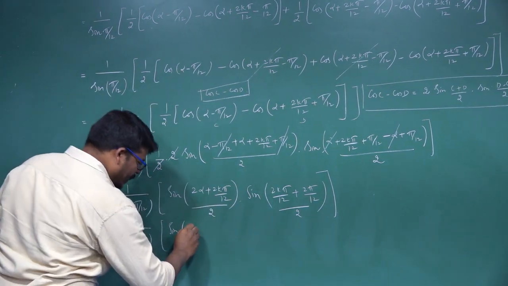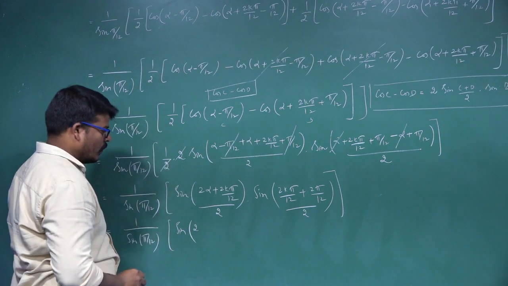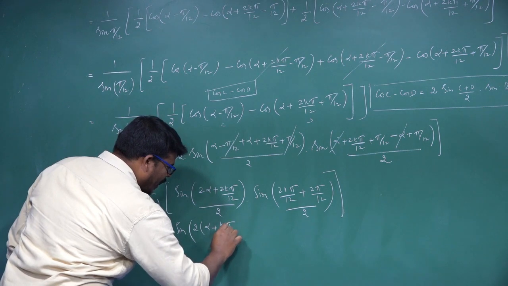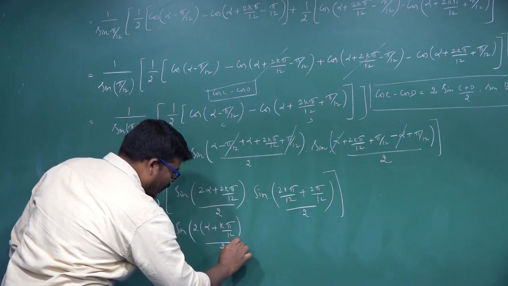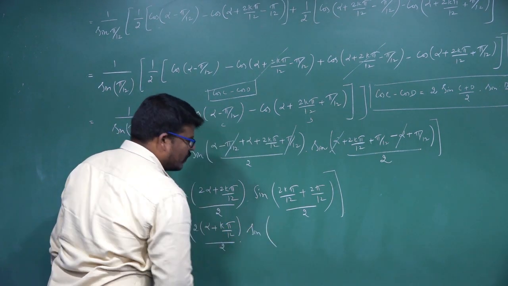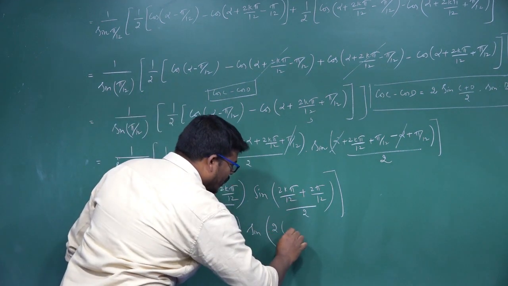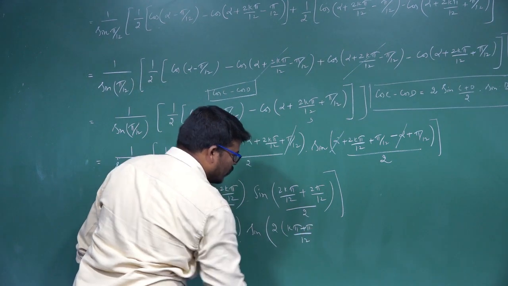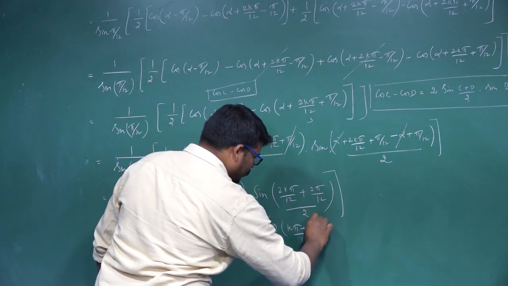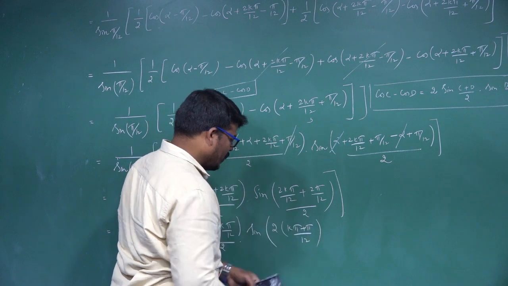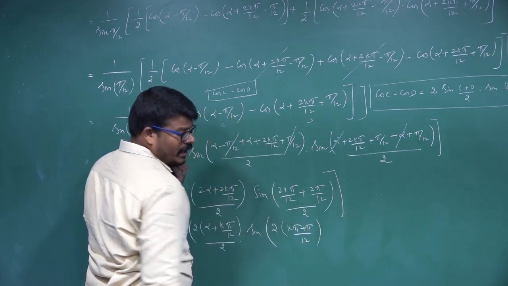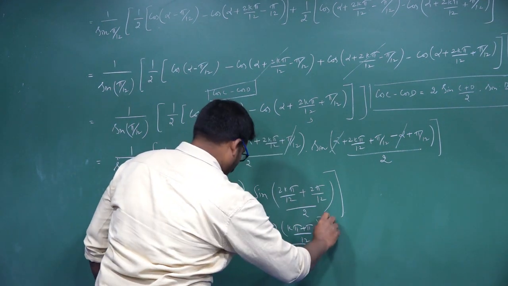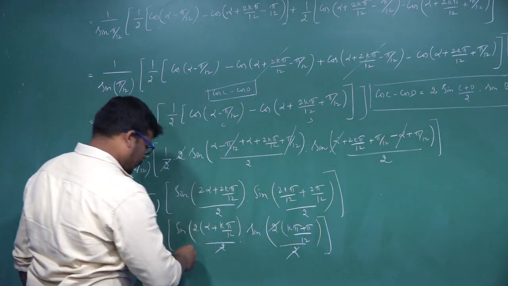Now taking 2 as common, take it outside: 2 into alpha plus k pi by 12 by 2, into sin of 2 into k pi plus pi by 12, take the LCM, by 2. These 2s are cancelled.